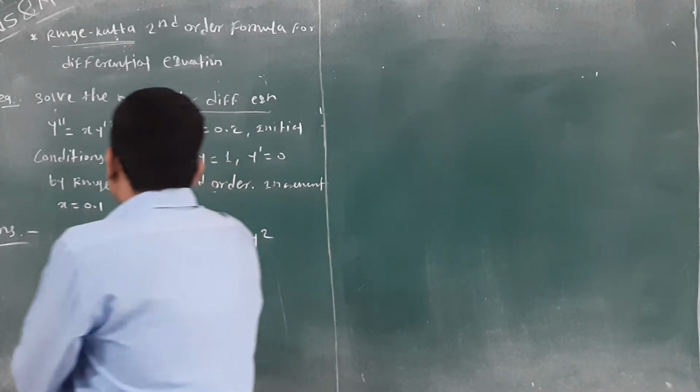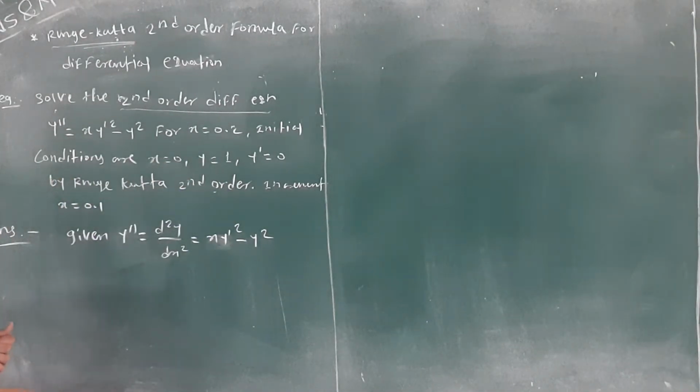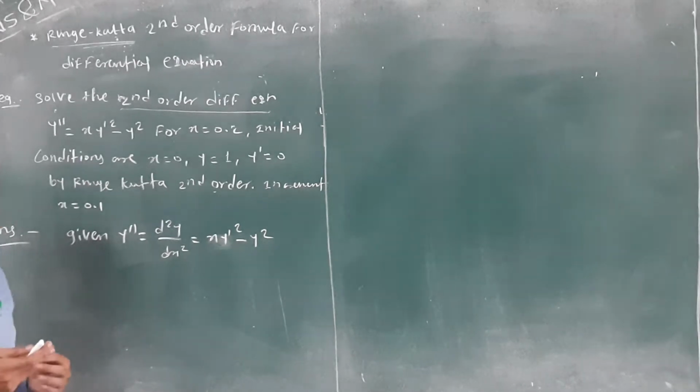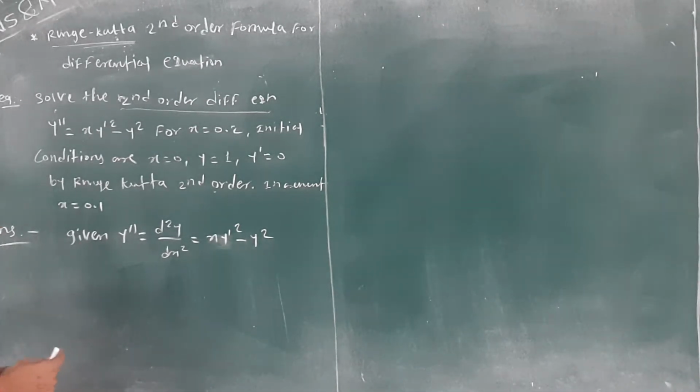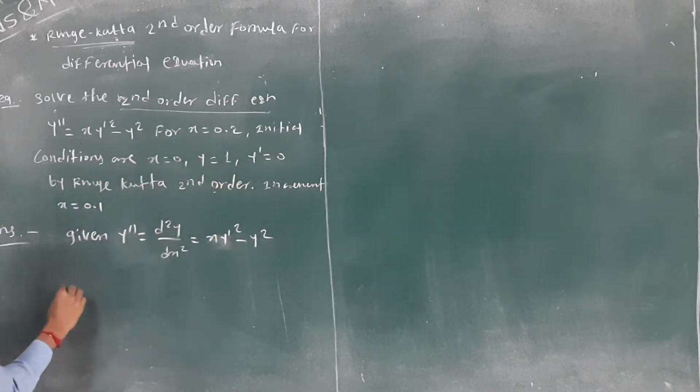Y dash is nothing but dy by dx, and y double dash means if you take the derivative of that again, then you will get y double dash. The equation is given for x equal to 0.2, and initial conditions are given.